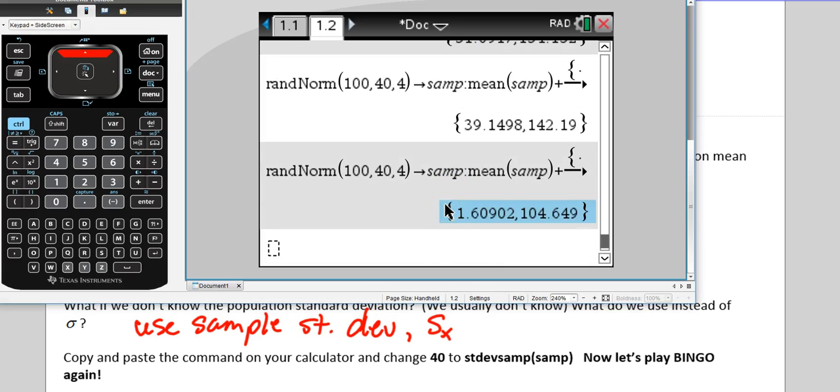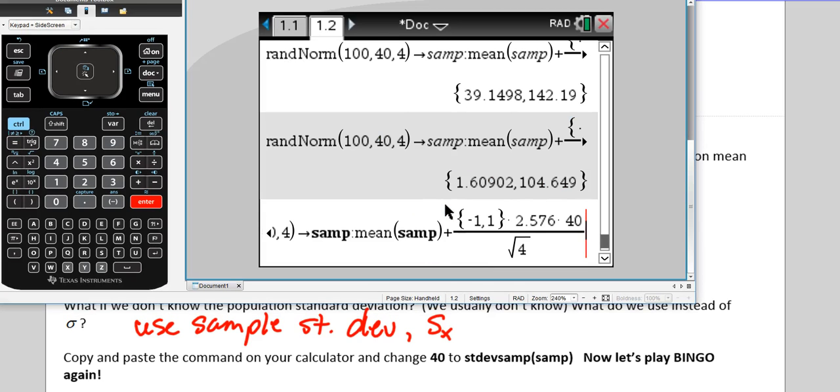Okay, so I'm going to go up and copy this, and right here for where 40 is, I'm going to change this to standard deviation SAMP. Okay. So now, instead of putting 40, it's going to put the standard deviation of whatever my sample is.